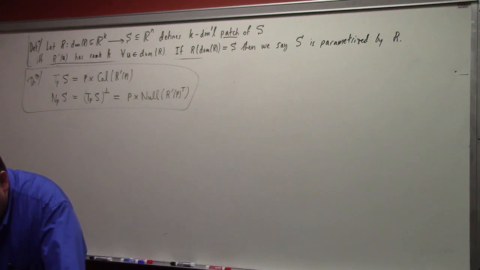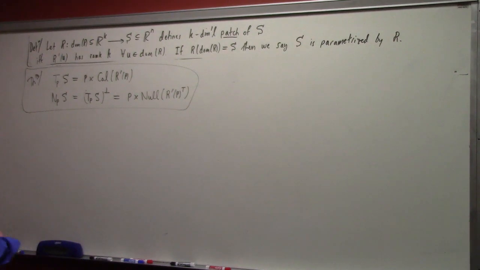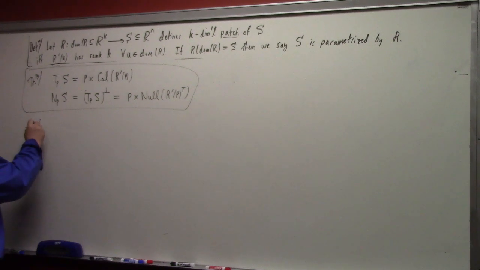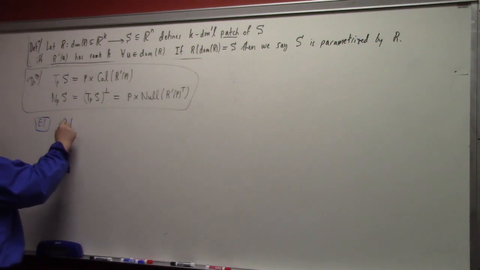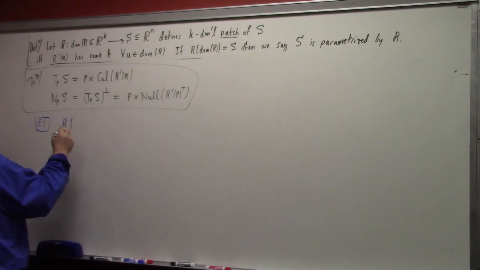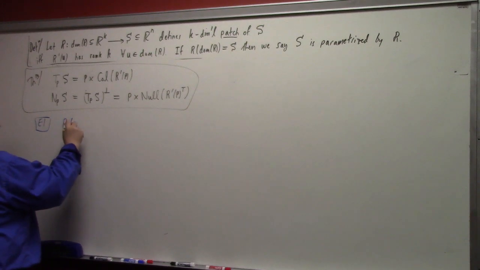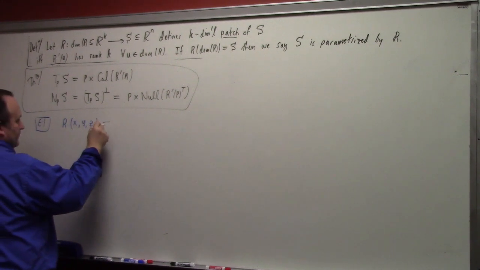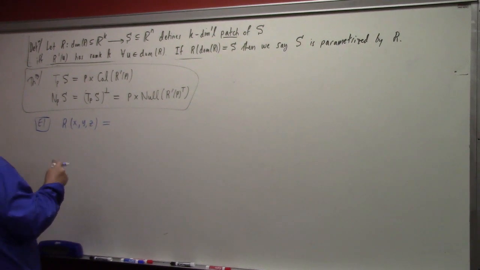Ooh. That's not good. All right. So let me just make one up. There's some examples in the notes, great, but it's healthy for us to make up a new example. So R of, let's say, x, y, z. In fact, maybe I shouldn't use x, y, z.